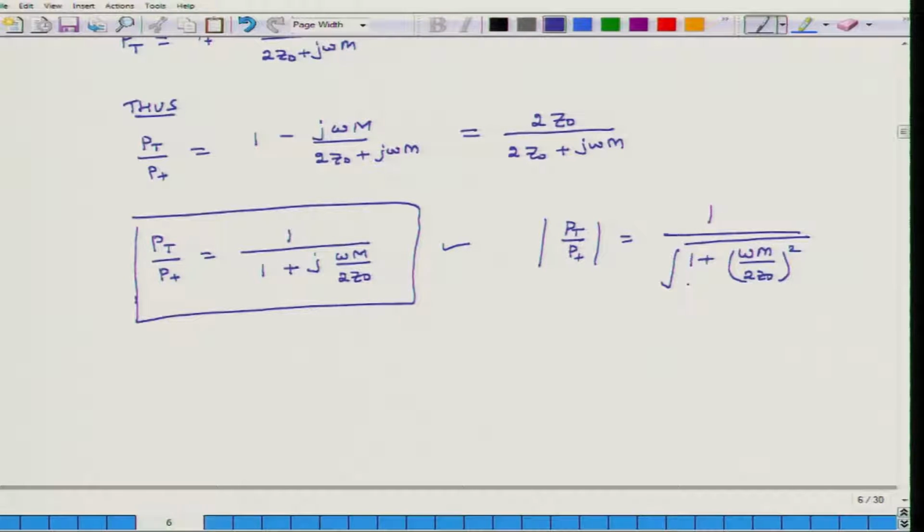So, as omega becomes higher, this ratio becomes less than 1, and the higher I go up in frequency, the more efficient a wall becomes in terms of stopping the sound.